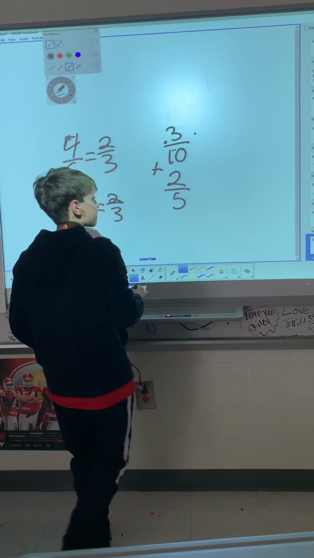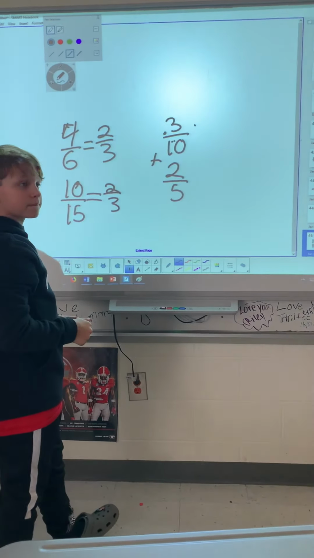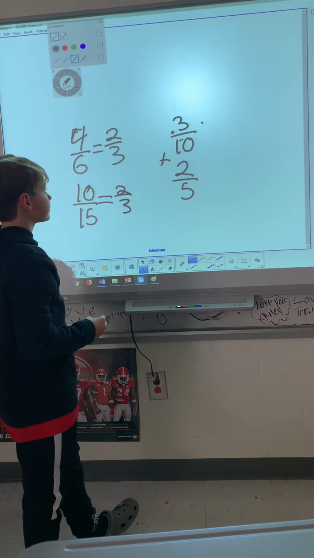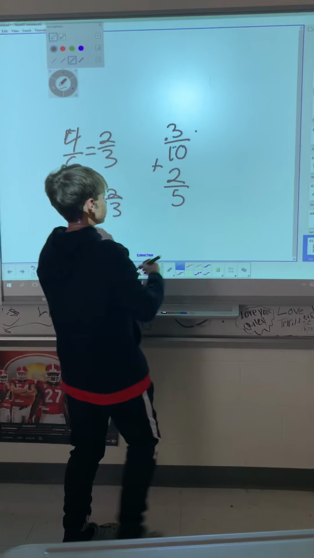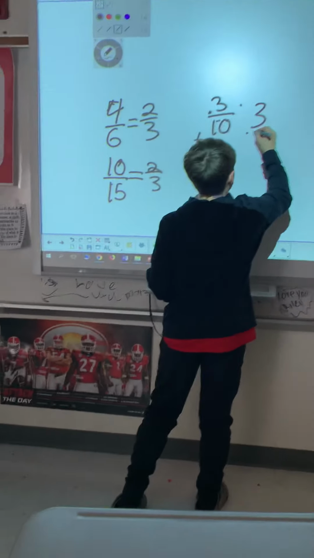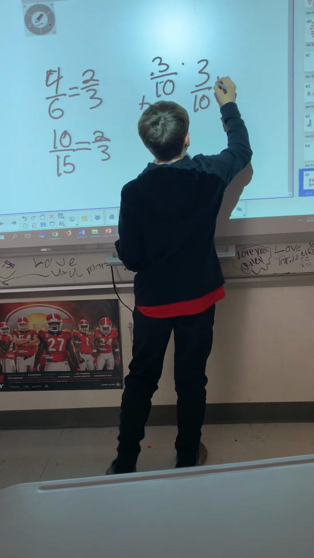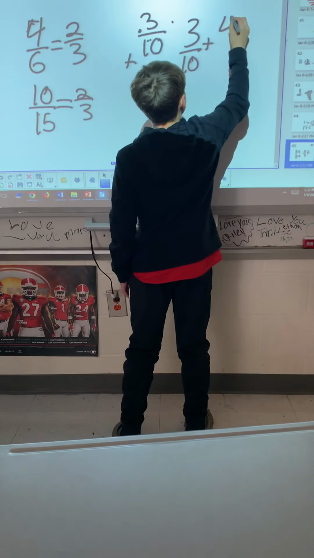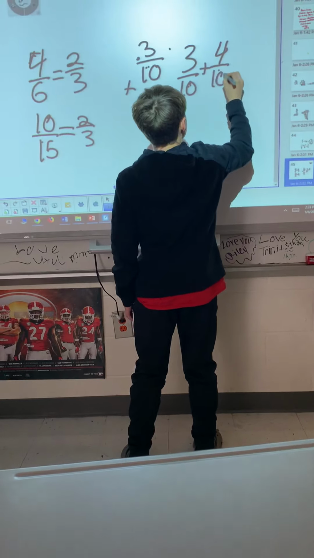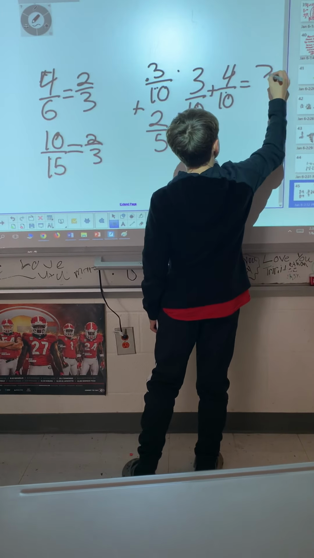And our common denominator would be, that's right, 10. 3/10 would remain the same. And 2/5 would change to 4/10. And my answer is 7/10.